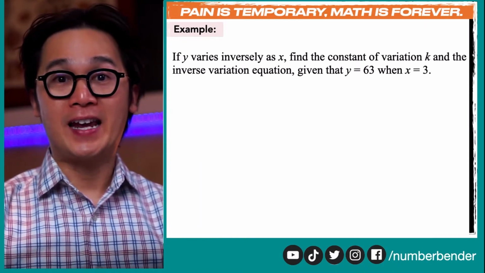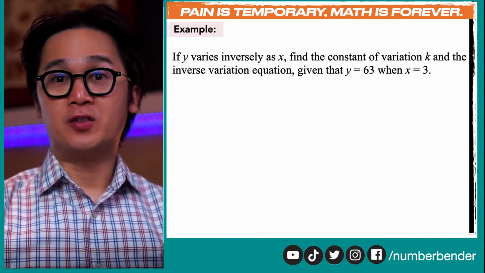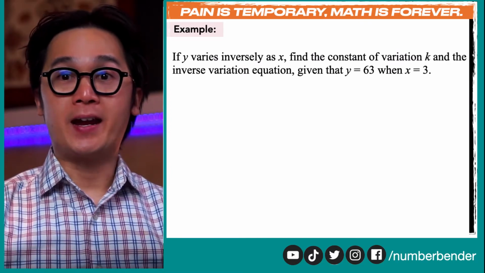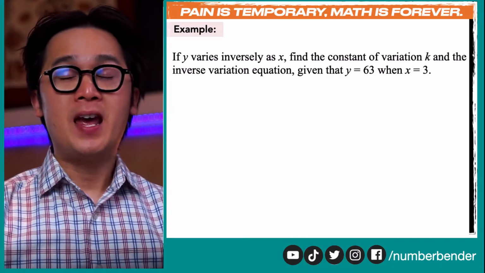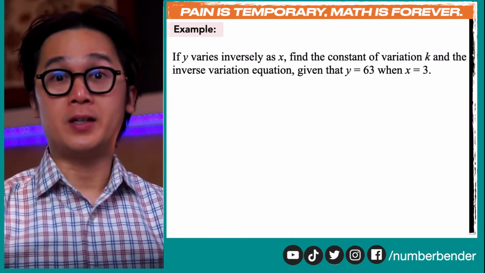In this case, according to our first example, if y varies inversely as x, find the constant of variation k and the inverse variation equation given that y is equal to 63 when x is 3.